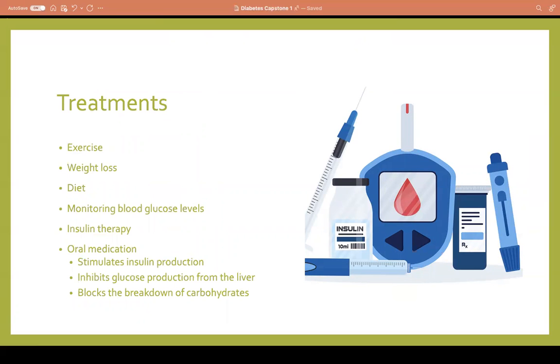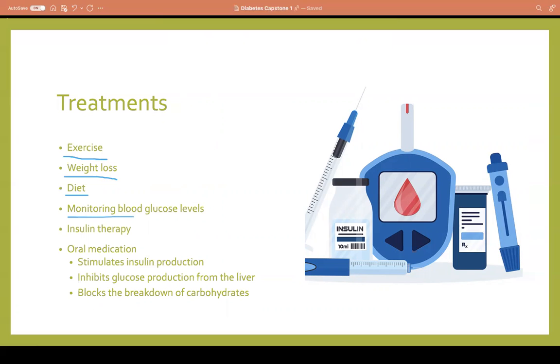So type 2 diabetes is usually caused by having a poor diet, being overweight or obese, and lacking exercise. So lifestyle changes such as exercising more, losing weight, and diet can really help with the extra glucose that you're having in your blood.